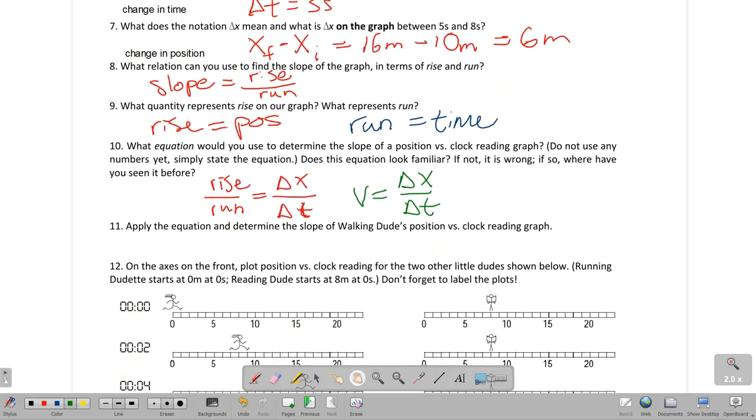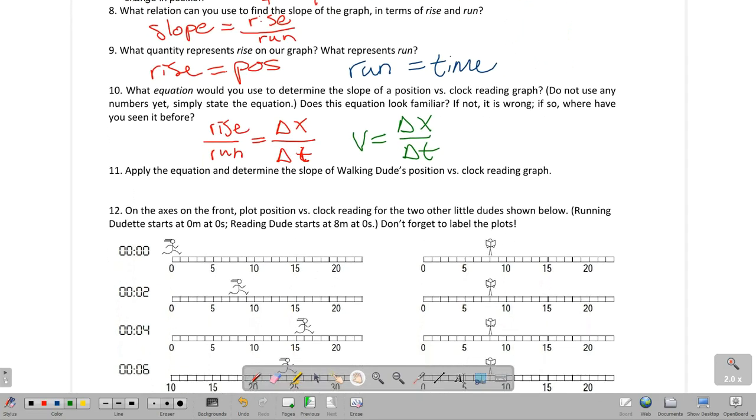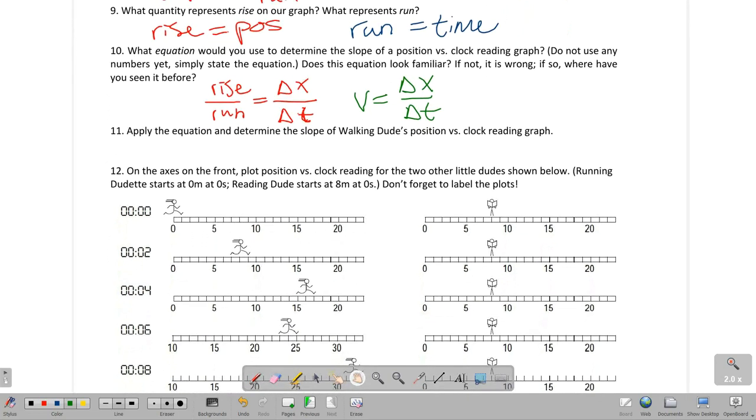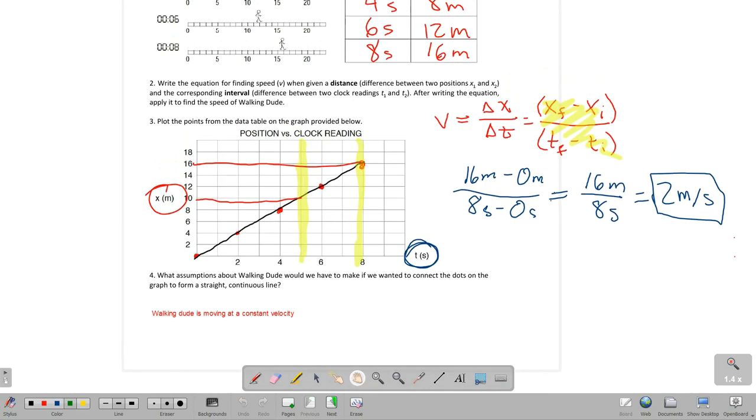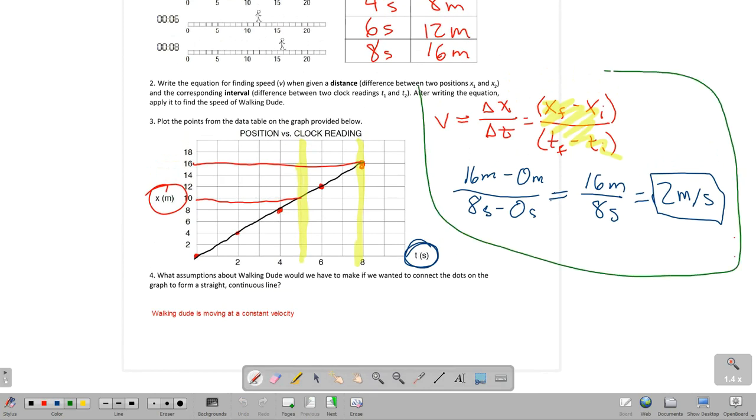And it says, apply the equation to determine the slope of a walking dude. So what we need to do here is, actually we have already done this in a previous question. If we go back to this page here, we already did this right over here.